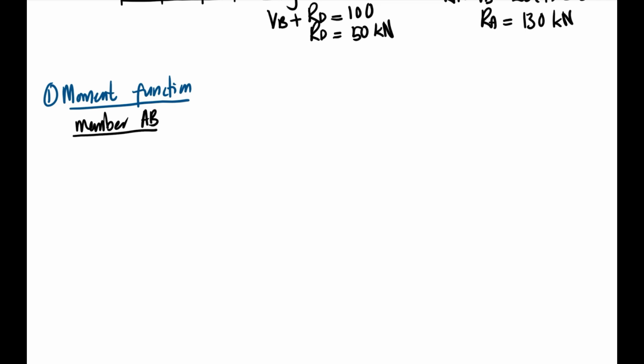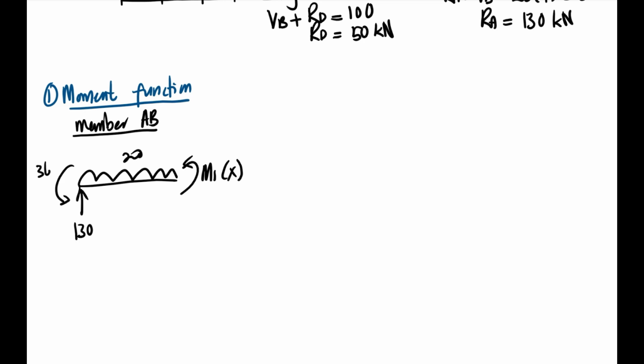Okay, we cut at member AB to find moment 1. So RA is 130 and the moment is 360. So I start from here, x1. Summation of moment 1 is equal to 0.